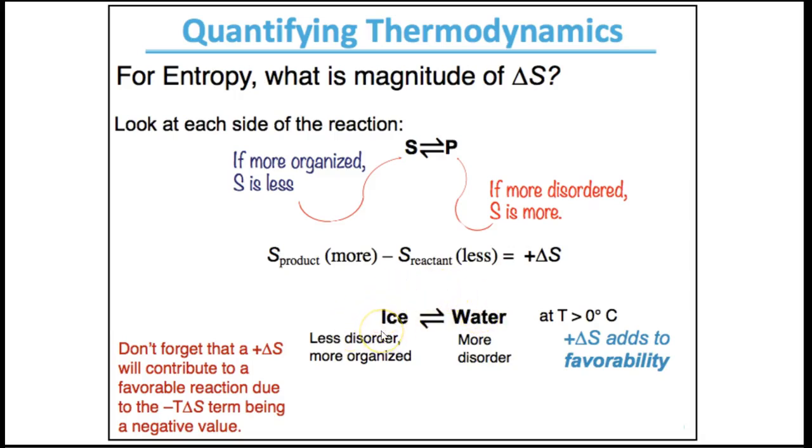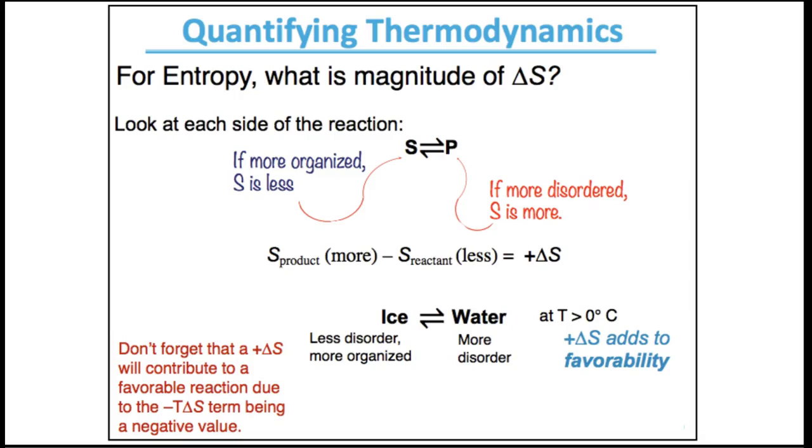So that goes with ice going into water as well. Ice has less disorder because you have this crystalline structure, so very, very organized. And then you have water molecules that are kind of moving around. There's less of those hydrogen bonds to help keep things locked in, and thus there's more disorder.